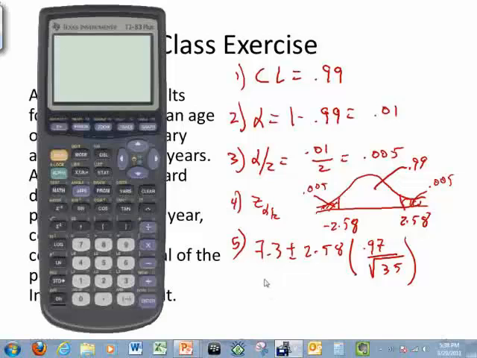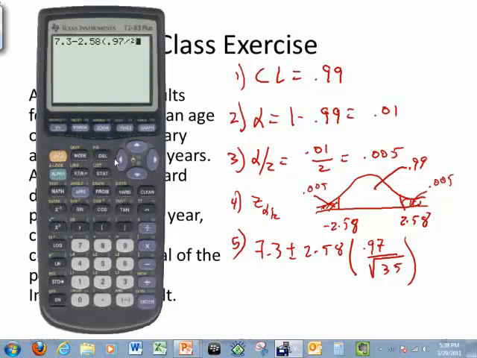So I always compute mine, and remember when you report back confidence intervals, it's always lower bound, comma, upper bound. Please remember that. So I'll go 7.3 minus 2.58 times 0.97 divided by the square root of 35. Close, close. So that gives me 6.88.